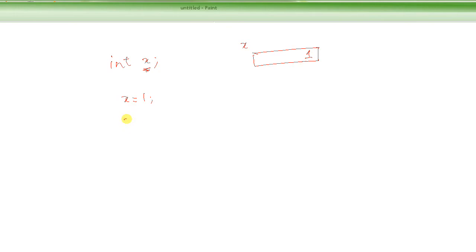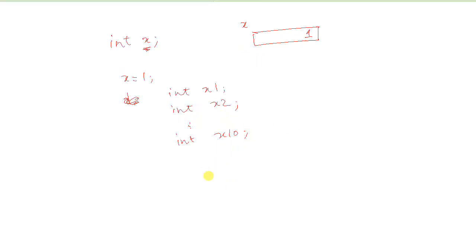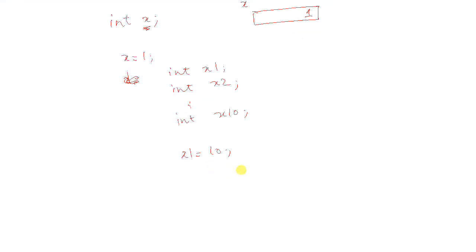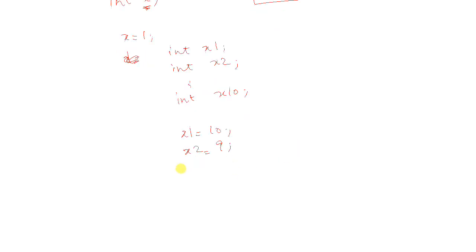So one way to do would be int x1 and then int x2, very cumbersome, and so on to int x10, right? Very cumbersome. And then for each one of them, you have to store the value, like x1 is equal to 10. One kid is 10 years old, x2 is equal to 9, is 9 years old, and so on. Okay, so it's not too practical actually.